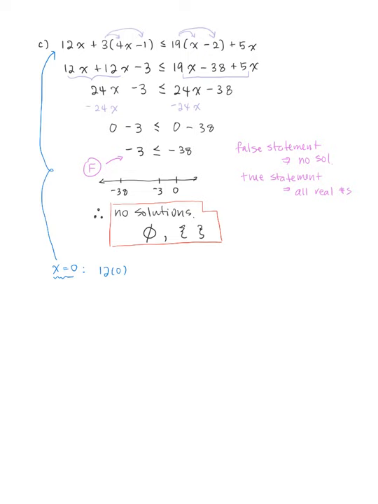So you got 12 times 0 plus 3 times, well, 4 times 0 is 0, minus 1. The question is, is it less than or equal to 19 times 0 minus 2, and then plus 5 times 0, which is 0. Now let's simplify this. 12 times 0 is 0, so I'm not going to write that. Here you're going to have -3. Is it less than or equal to -38? Is that a true statement?